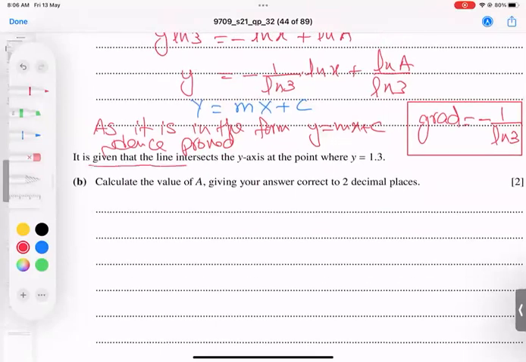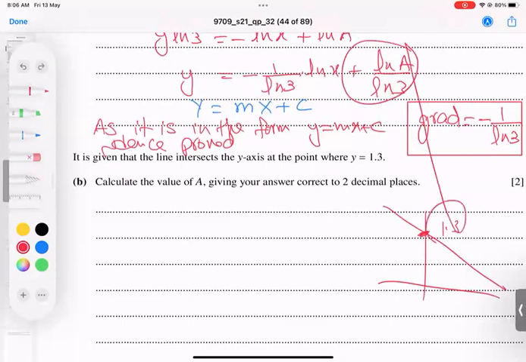He's saying it is given that the line cuts the y-axis. It means when a line cuts the y-axis like this, at this value, this is called the y-intercept. And he gave us 1.3. And the second number, we have the y-intercept is that. So these values are equal to each other.